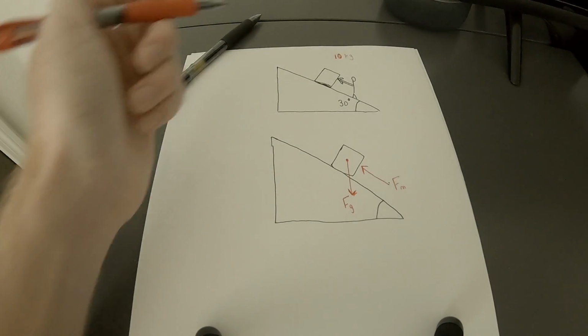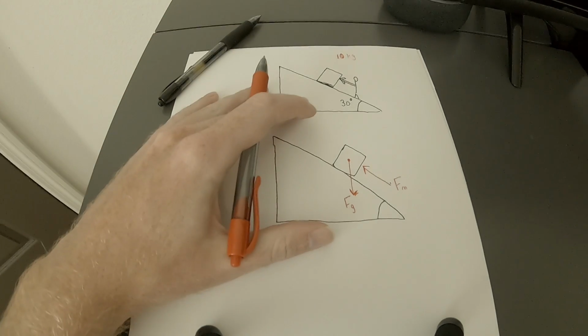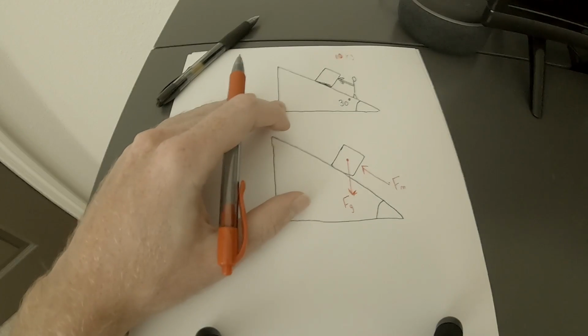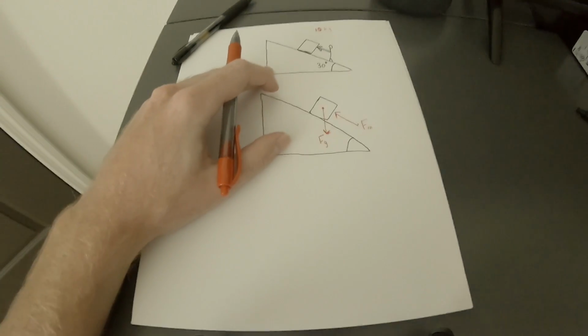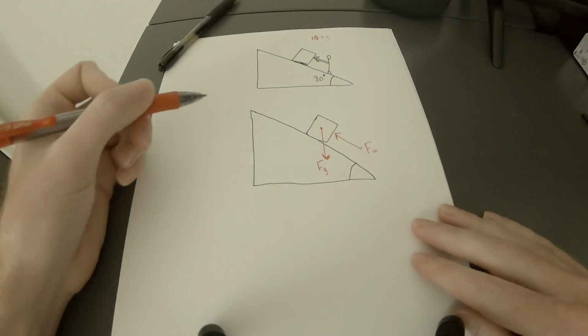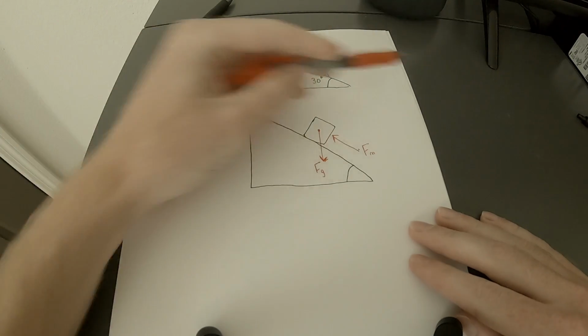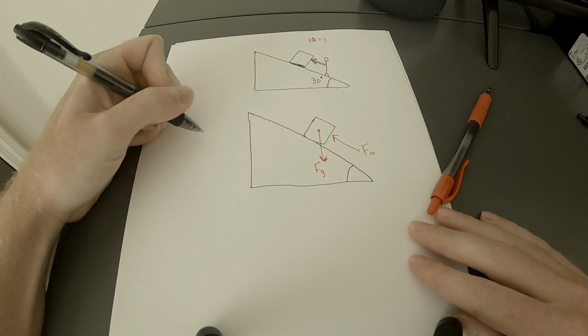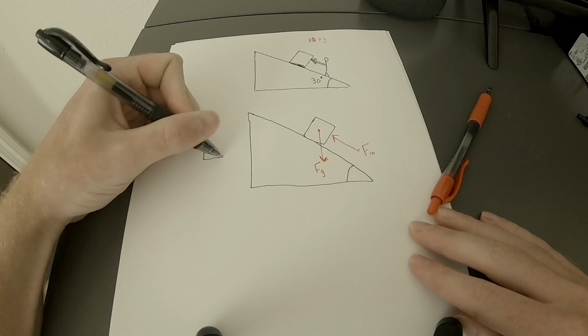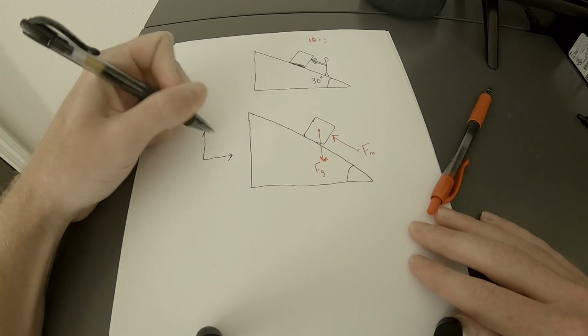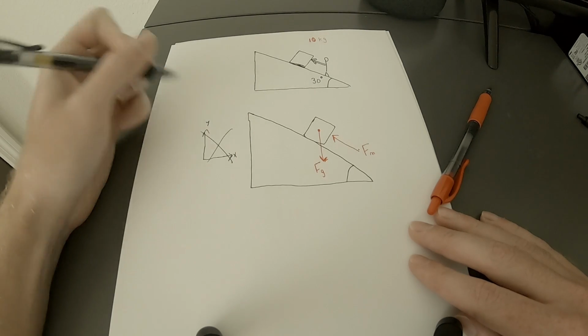All right, so now what you need to do is set up your coordinate system. With these problems, you don't want to say that's the x direction and that's y. You don't want to do that.